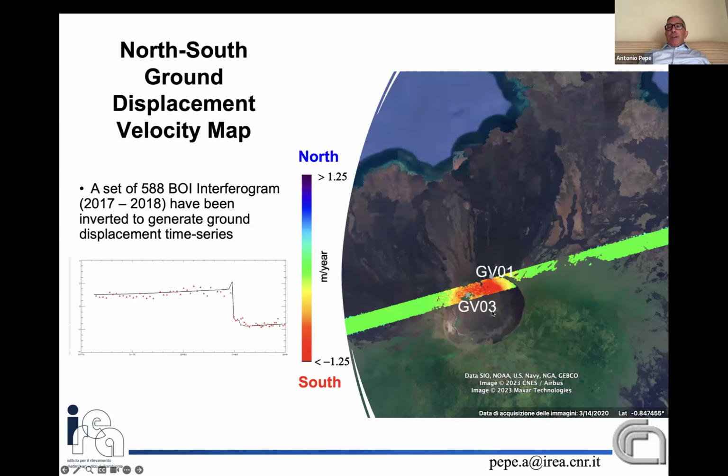But maybe if we want to know the north-south displacements elsewhere, we can apply other methods, or we can try to extend this information from the burst overlapped region to the external region. And this is one of the key issues we are working on in this period.